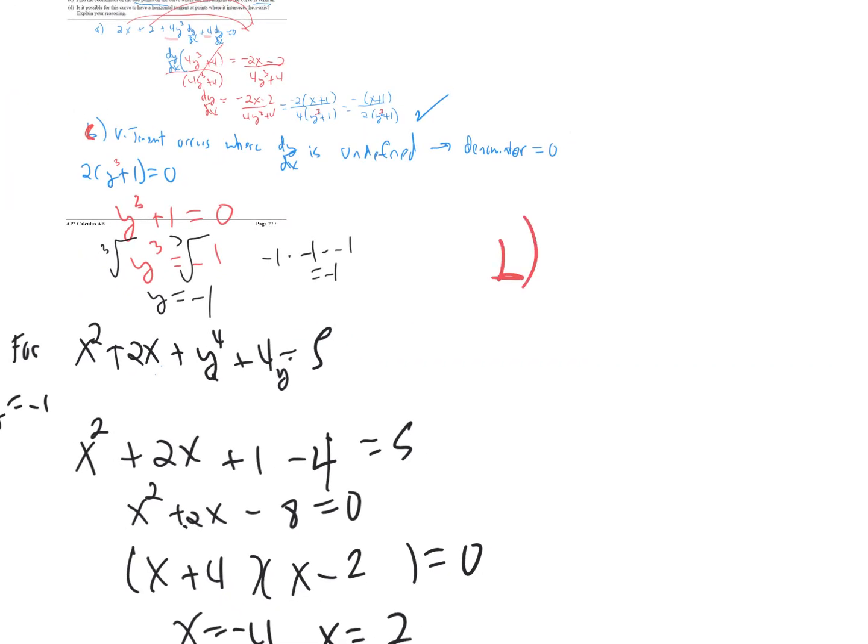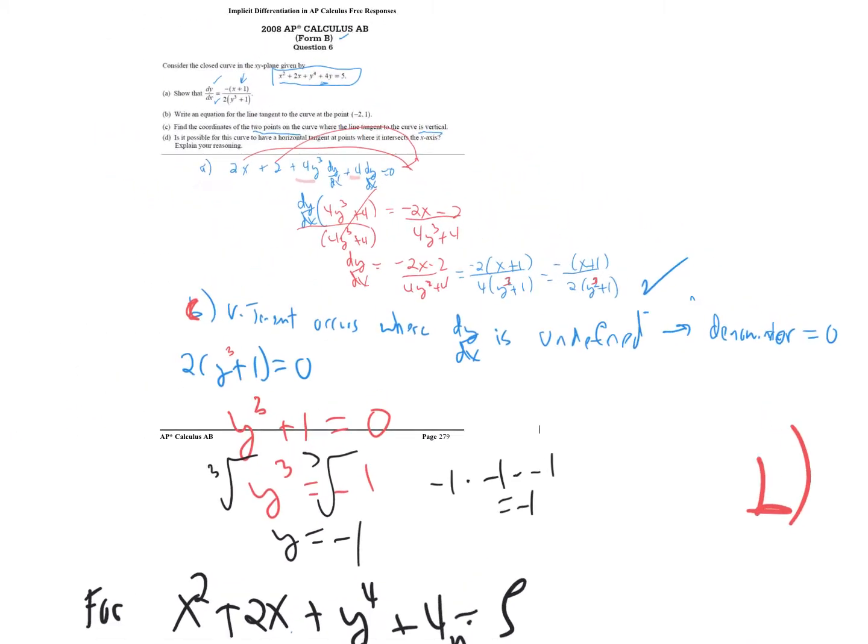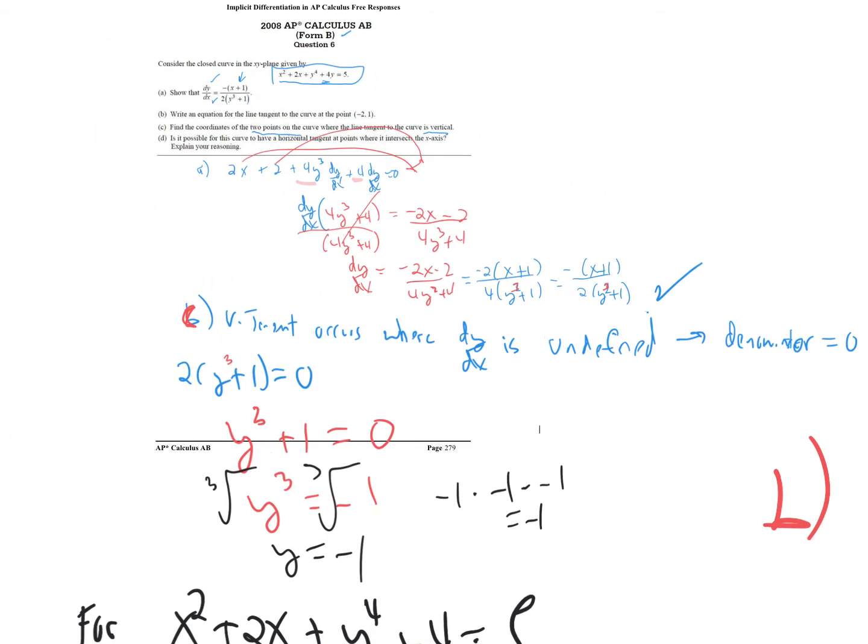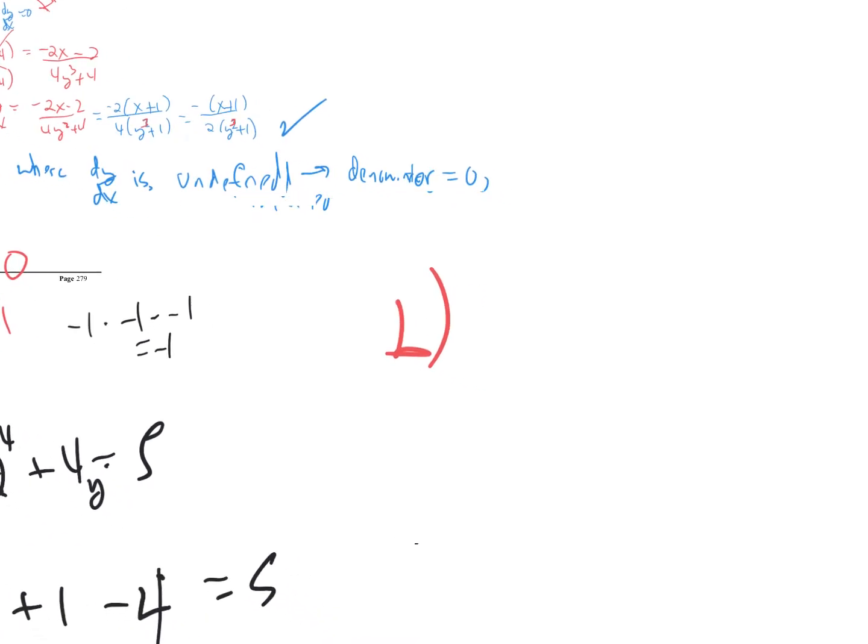B was asking me to write an equation for the line tangent to the curve at -2, 1. Okay, so I want the equation of the tangent line at the ordered pair -2, 1.